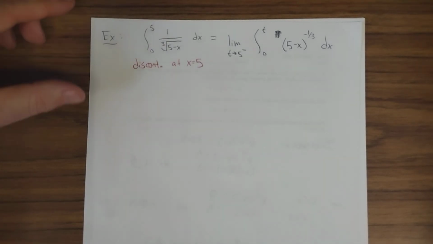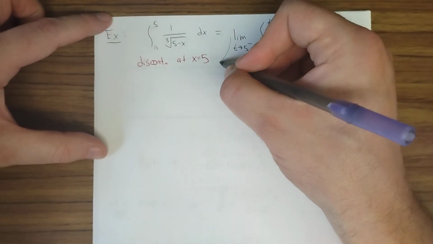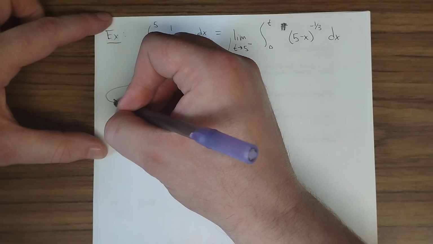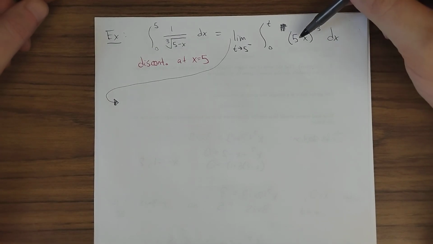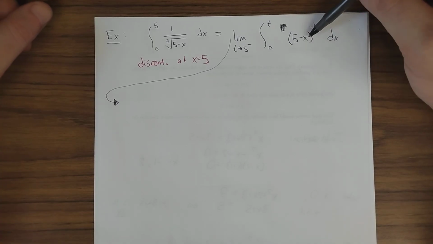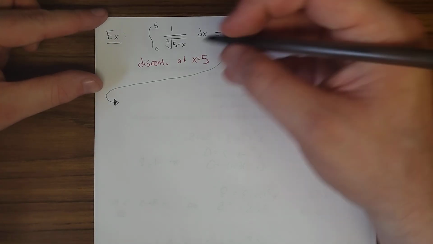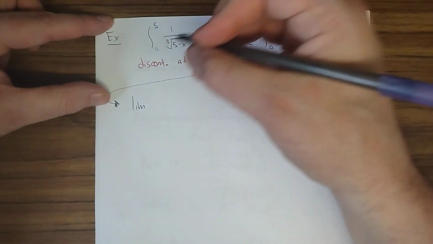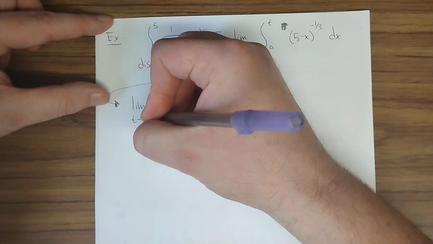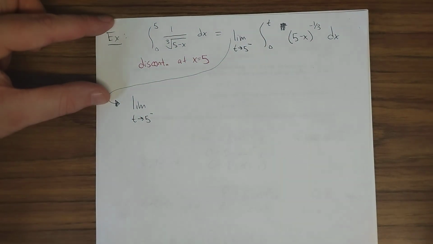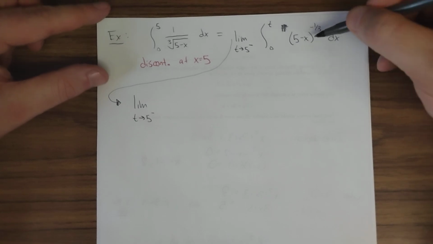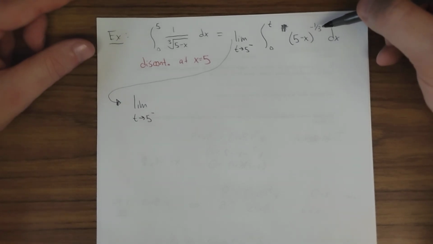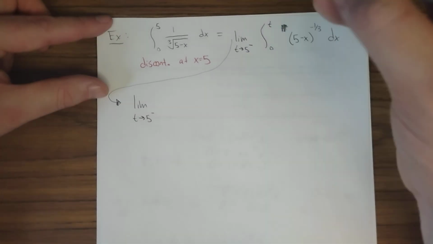Now, I can do this antiderivative in my head. This is one of those simple substitutions. This is like letting w be 5 minus x. So let me show you. This antiderivative is going to be, I'm going to do the antiderivative the way I would normally do it with the power.